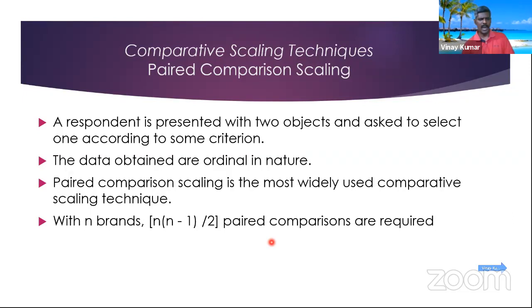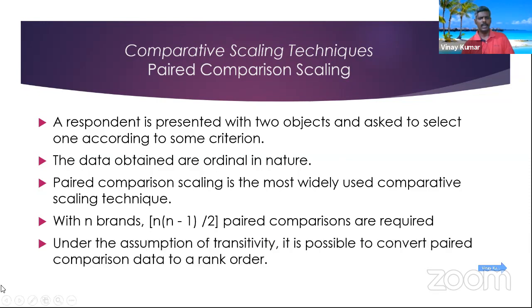Two brands we take, and the customer has to choose one out of the two. Under the assumption of transitivity, it is possible to convert paired comparison data into a rank order. So here we can understand which product the customer prefers compared to the other product.